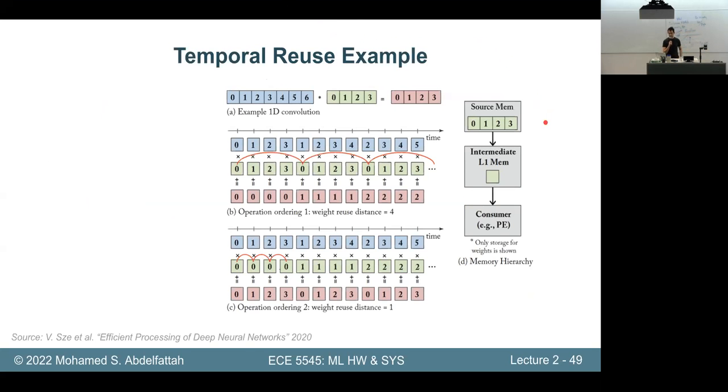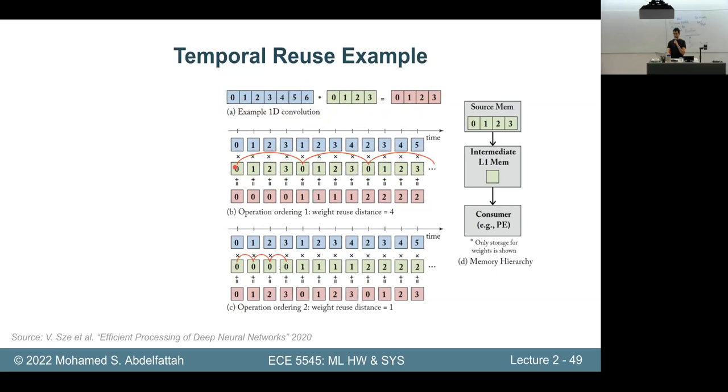So I'm pasting this example here of temporal reuse and what it means for us when we're actually doing this in practice. So this is a one-dimensional convolution. So I have this activation here and this filter, and I need to sweep that filter across this activation in blue here to produce this result. And so if I just do it naively, if I just take this and sweep it across this, then I would want to multiply the 0 by the 0, 1 by the 1, 2 by the 2, and so on.